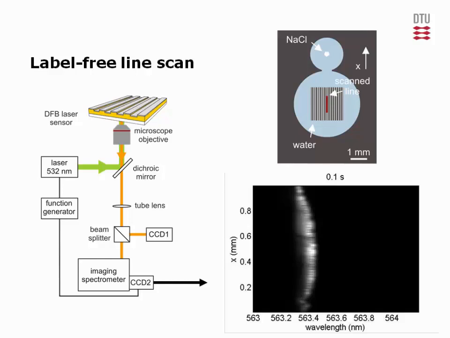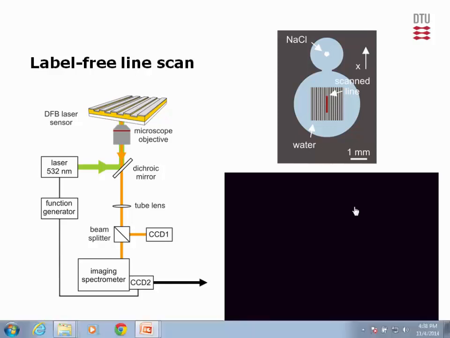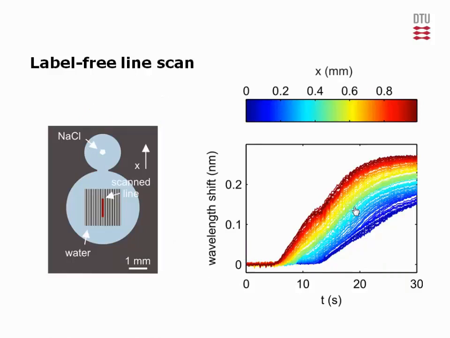So let's look at this video here. You can see we add some salt up here, and then up here this is closest to the salt, and there the wavelengths is changing first, and down here it's happening later. So this is on one line, and when you look closer at these data, then you can see, for example, the dark red here corresponds to this position.